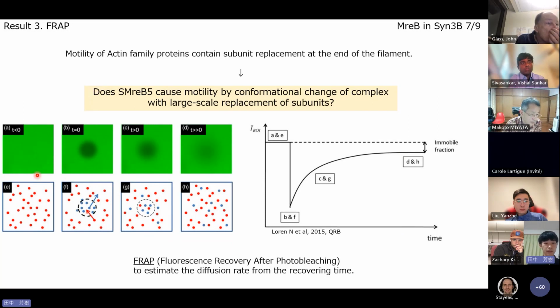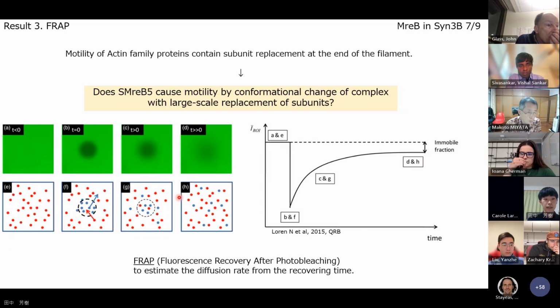In FRAP, a laser is spotted onto part of the fluorescent area, and fluorescent molecules in the area are bleached. If these molecules are moving freely, the bleached and non-bleached molecules should mix, and the fluorescence of this area will gradually recover. The molecule diffusion rate can be calculated from this fluorescence recovery.